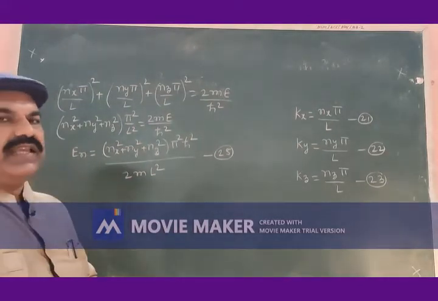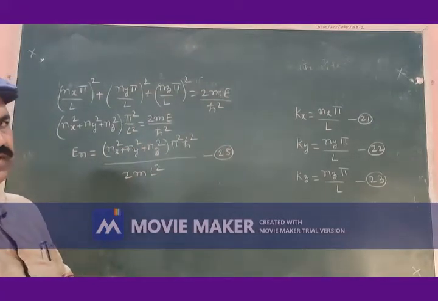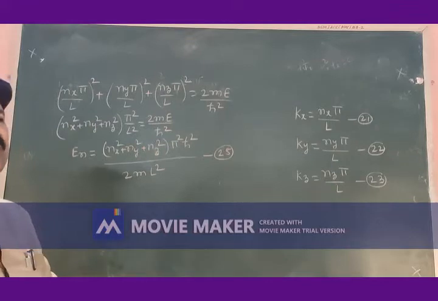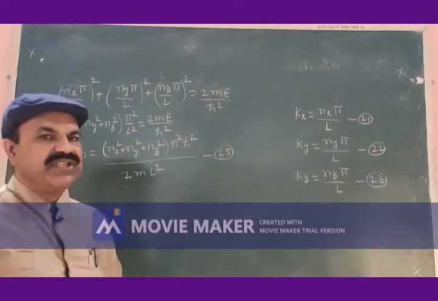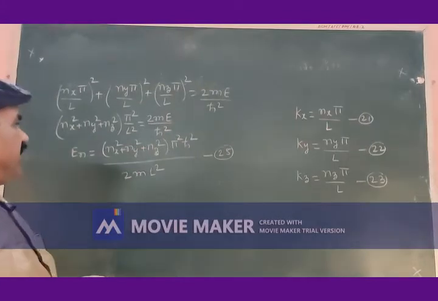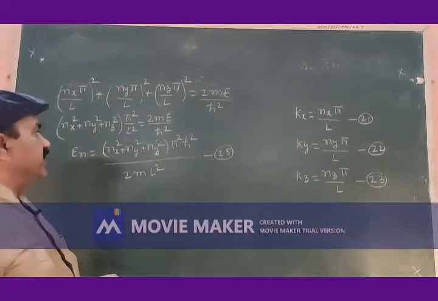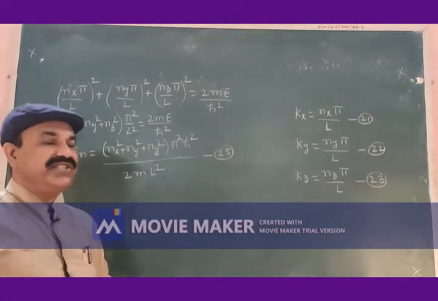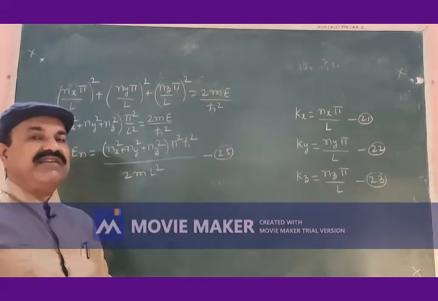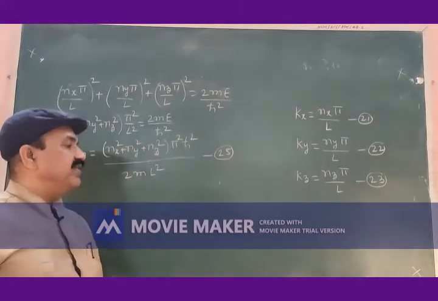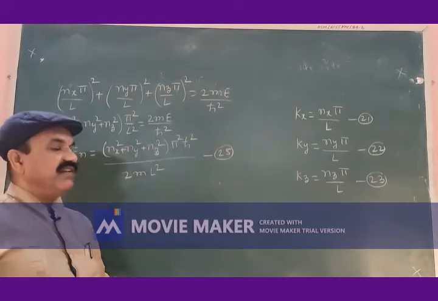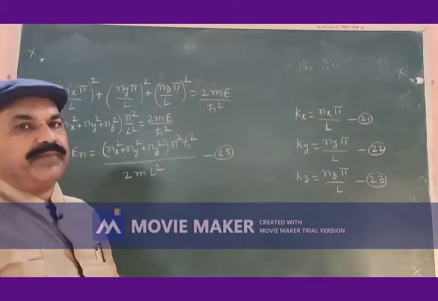So, energy of the particle performing motion inside a three-dimensional box is simply En is equal to (nx square plus ny square plus nz square) into pi square h cross square divided by 2m L square, equation number 25.